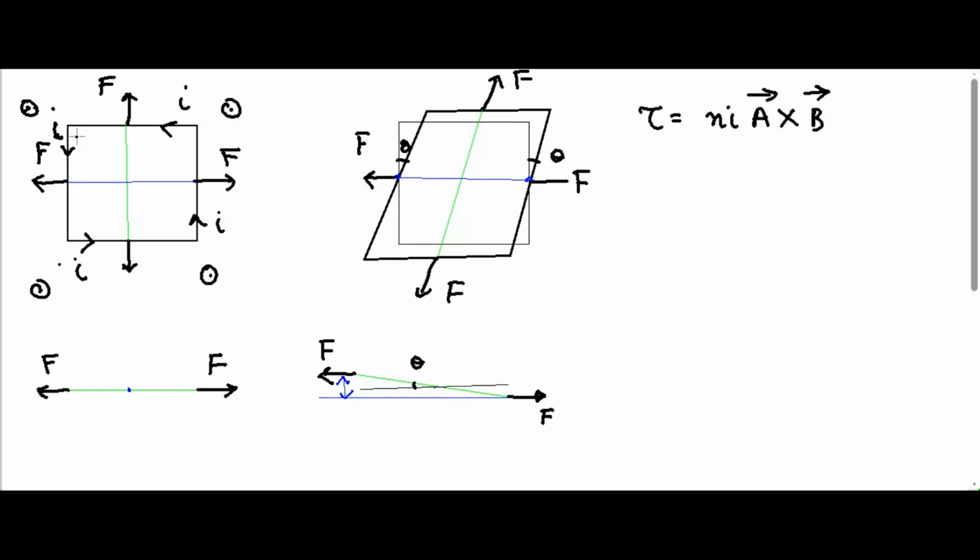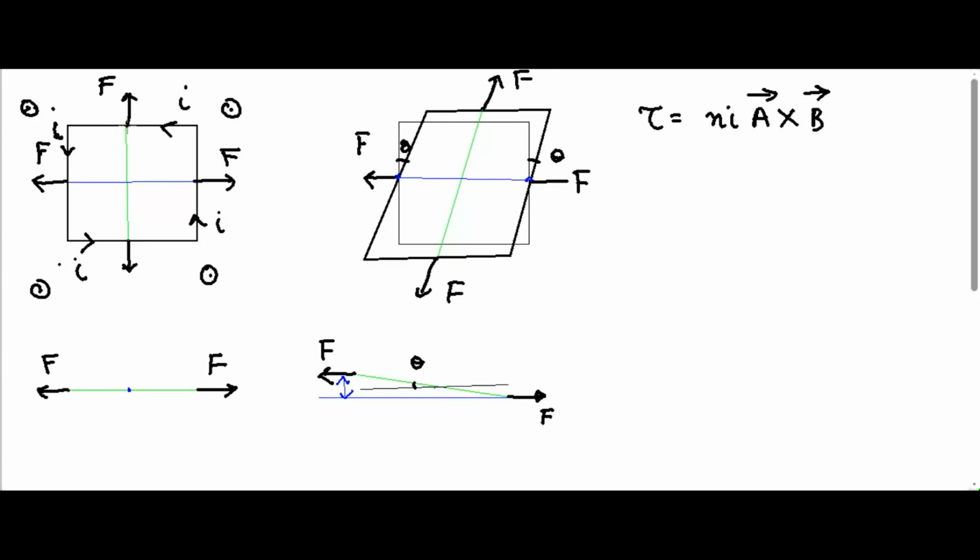We'll discuss in more detail shortly how to decide the direction of the area vector, but for now, if we work out that the force on any current carrying wire is IL cross B, and from the right hand thumb rule which we discussed in the last video, we work out the direction of the forces, it will be as shown in the figure here.